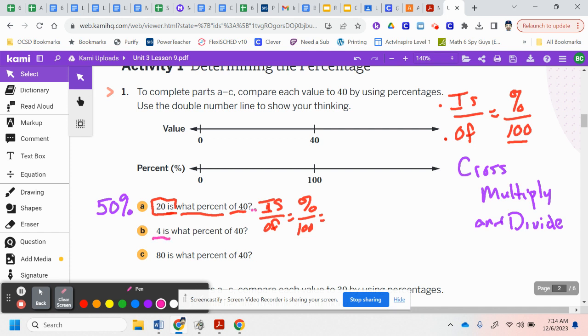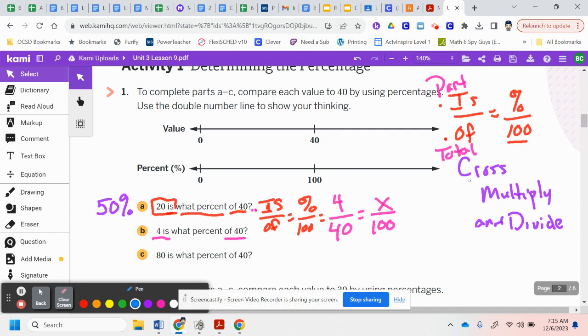So is my 4. What percent? Well, I don't know what percent that is, so that's my X. And it's always over 100 of 40. So of tells me my total. Okay? My is my part. My of is the total. So here's my problem. I've got 4 over 40, X over 100.